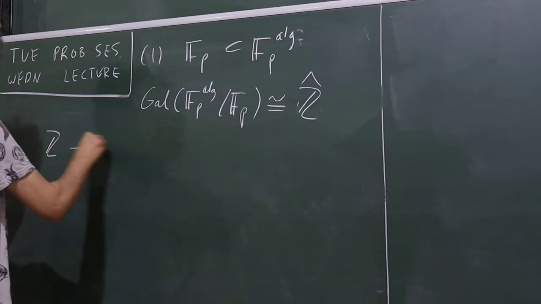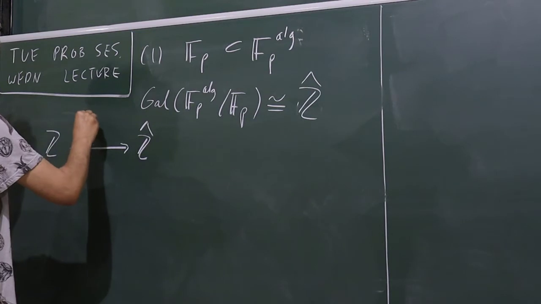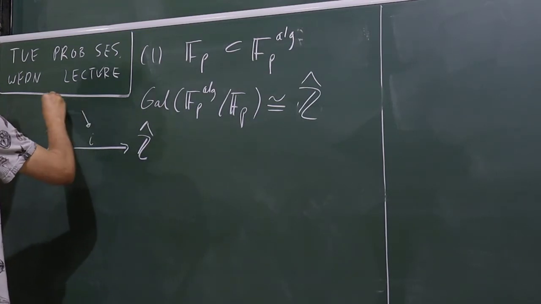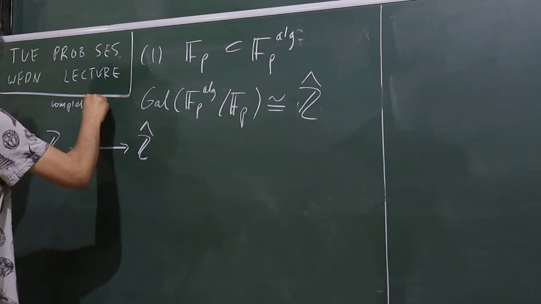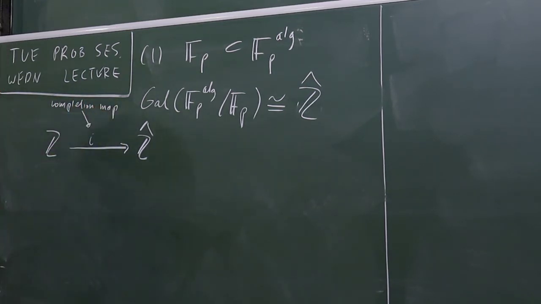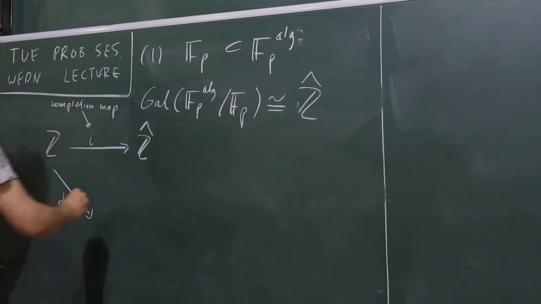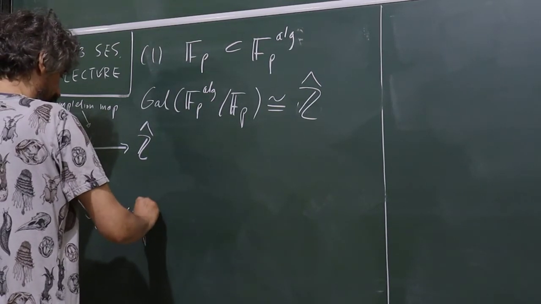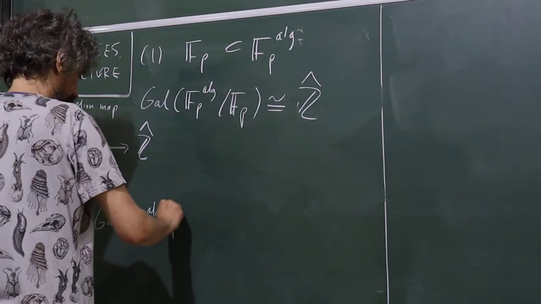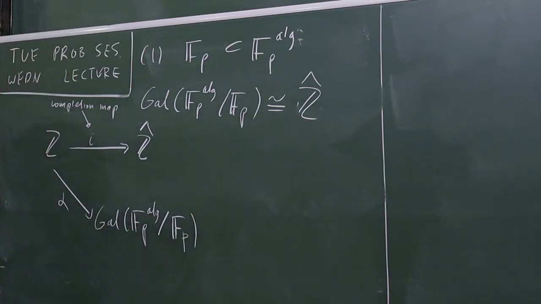We have this completion map, some natural map here, and this is this isomorphism.